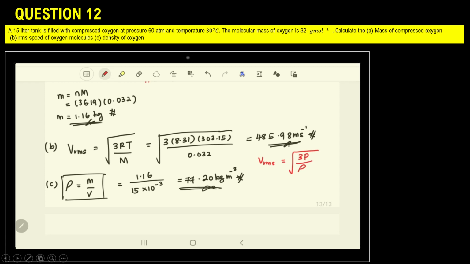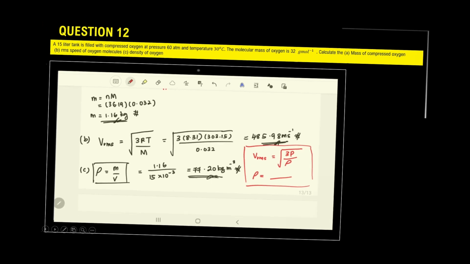So you can find the density here. You will get the same answer, which is 77.2 kg per meter cube. You can try this equation, either one is fine. Okay, so that finishes question number 12.